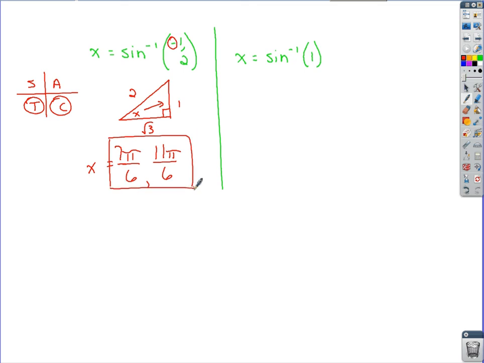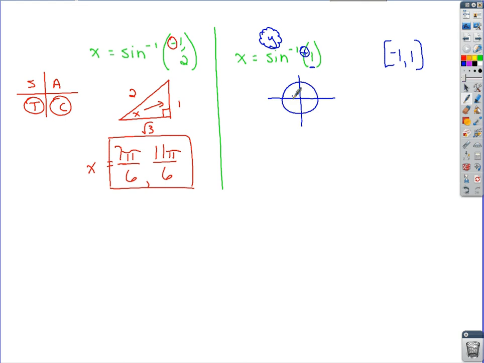Now considering this other equation, where notice I have a positive 1 that's plugged in, this would be an example where if I try to set up a right triangle, it doesn't work. However, this 1 does fall within our little domain over here of negative 1 to 1, so we know it has to work, and since the triangle approach will not work, we've got to use what we know about the unit circle, and we've got to take the y values from that unit circle where we have a 1.